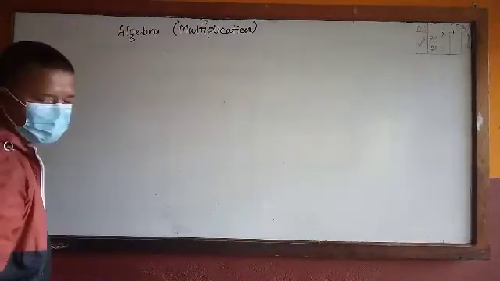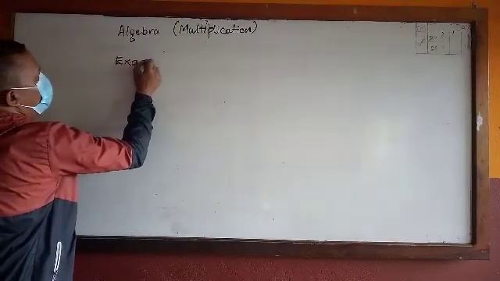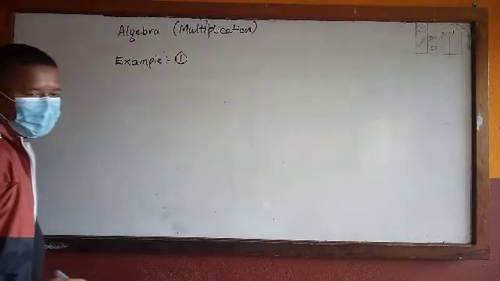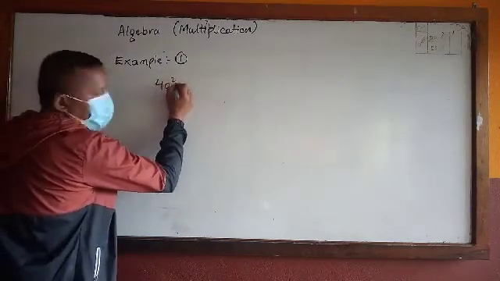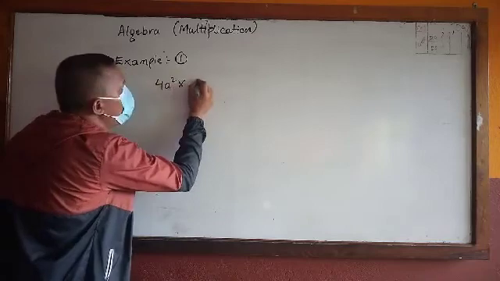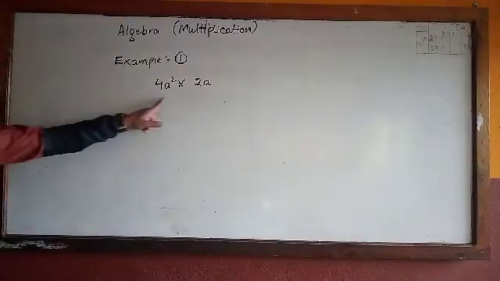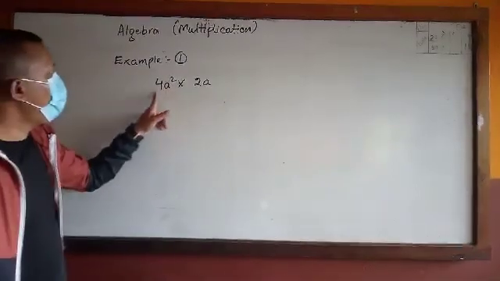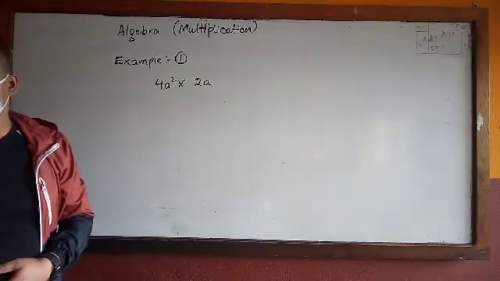Now let's check the example first. Try to understand well. Example 1. The question is like this: 4a square into 2a. Multiply 4a square by 2a.